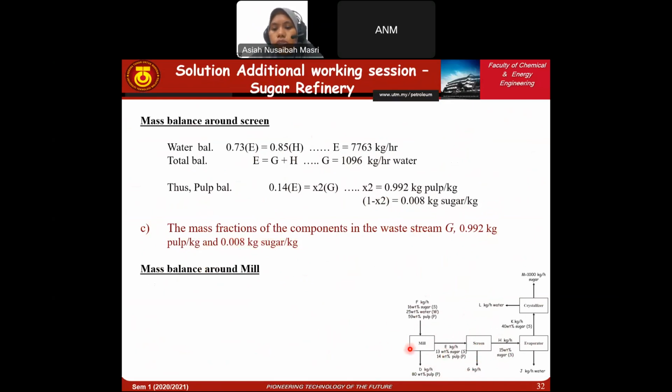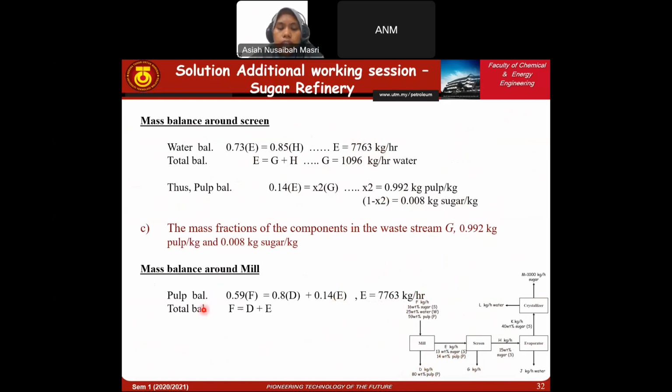Then we go to the meal, the last unit. So we have the meal. We do the pulp balance. Input is equal to output. So for input, we have 0.59 pulp times F equals 0.8 times D plus 0.14 times E. Here, we know already that E is equal to 7,763.